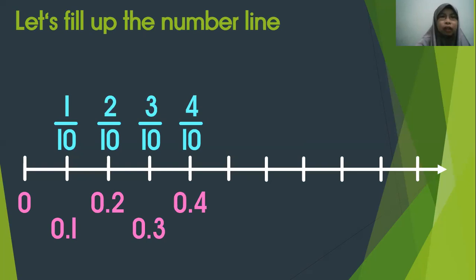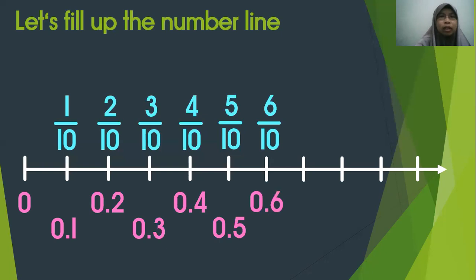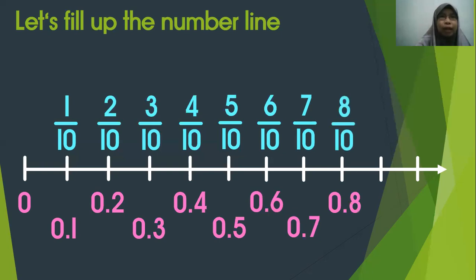Okay, 5 over 10 means 0.5. 6 over 10 we write as 0.6. 7 over 10, 0.7. 8 over 10, 0.8.